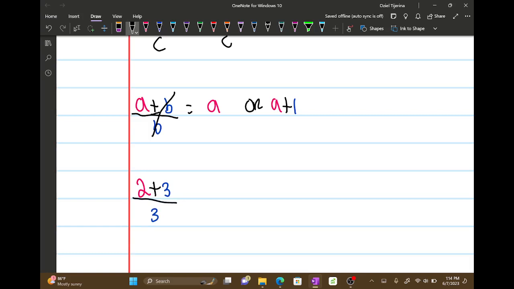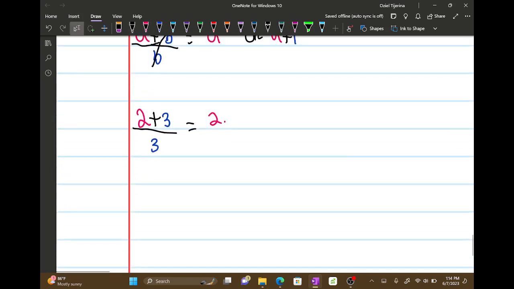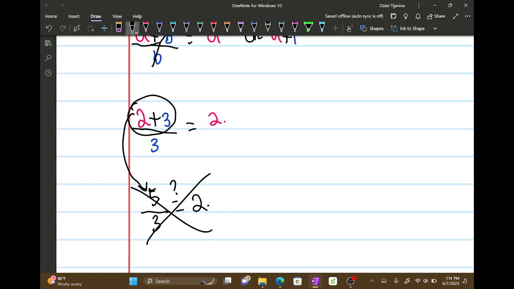If I make this mistake, I'm going to be saying, well, this is going to be just 2. But is it though? Is it really 2? If I add 2 plus 3 on top, that gives me 5. So this becomes a 5, and then I have over 3. But is 5/3 equal to 2? Is it? No, it's not.